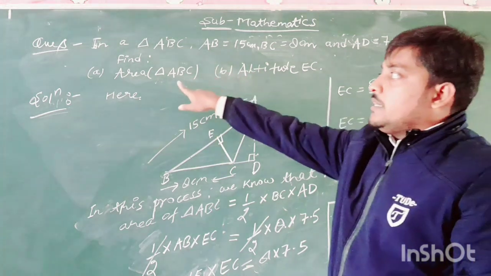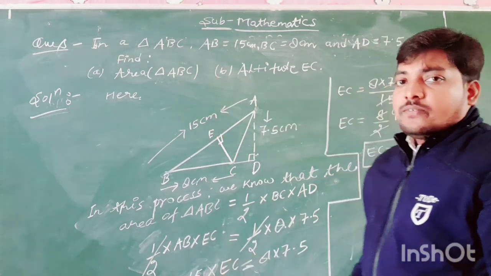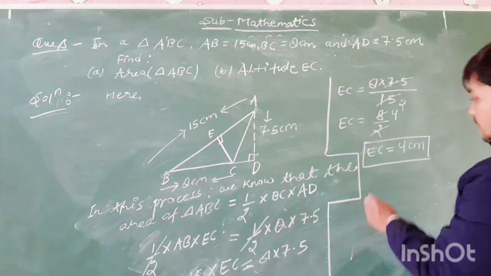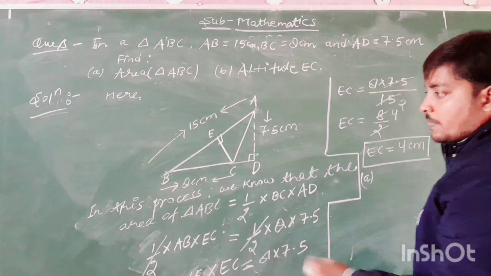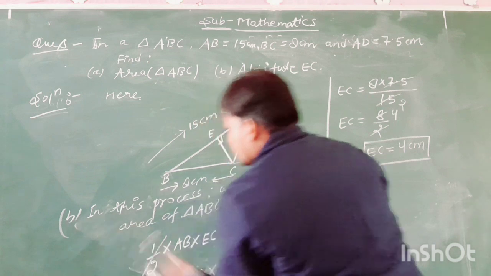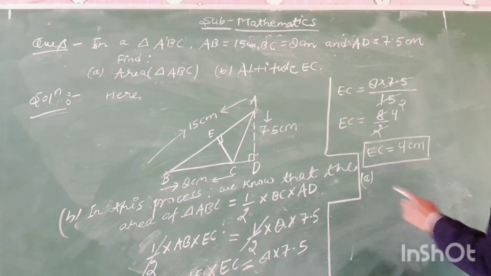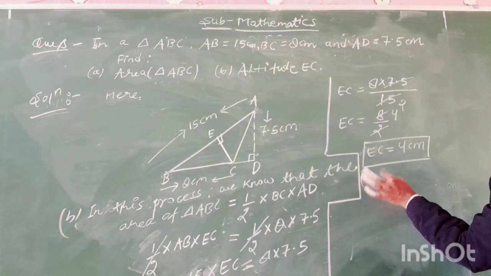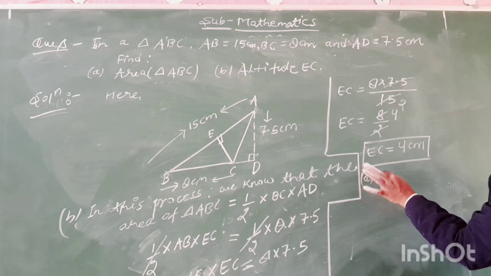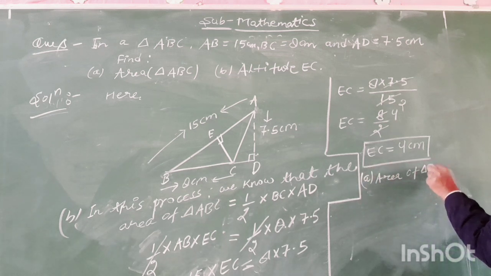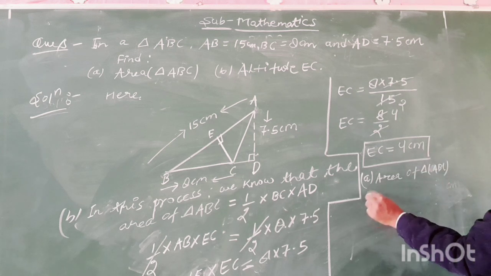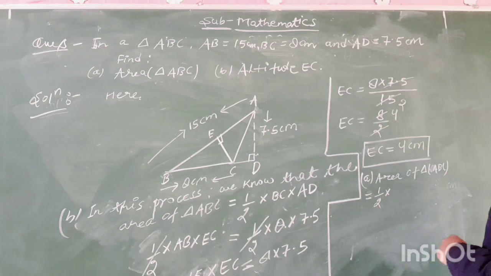And in the A part, we have to find the area of a triangle ABC. In the first part, area of a triangle ABC is equal to 1 by 2 base.